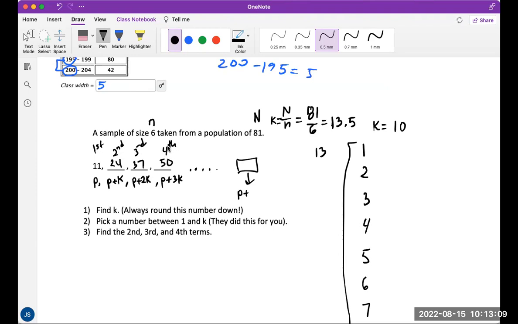So the fourth term, we need to add 1 less k than the number of the term, right? So I added 2 k's for the third term, I had 1 k for the second term, and so on. So this is n minus 1 k's that I have to add to get the very last term. Okay, this is the formula that will give you that last term. But in this case, they don't ask for that, but just in case in the next problem they do.